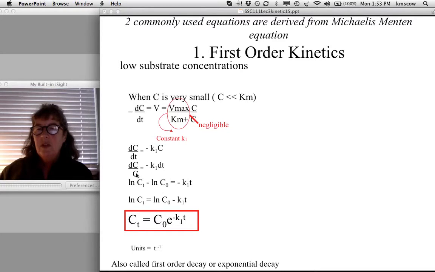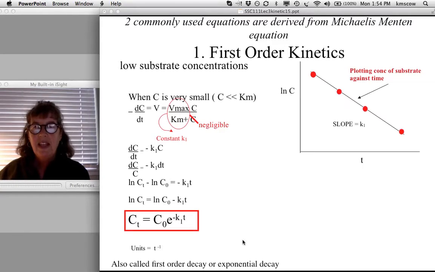Going through this derivation here, Ct, the concentration at any particular time, is equal to that initial concentration times e raised to the minus k1t. K1 is that first order rate constant, and t is time. Units are negative time, and this equation is also called first order decay or exponential decay.